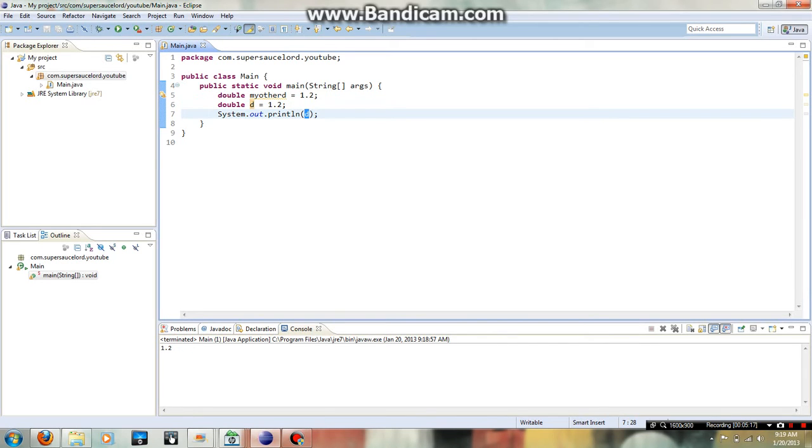But what if I want to print out these plus each other? I just put d plus myOtherD. What would it equal? Should equal 2.4.